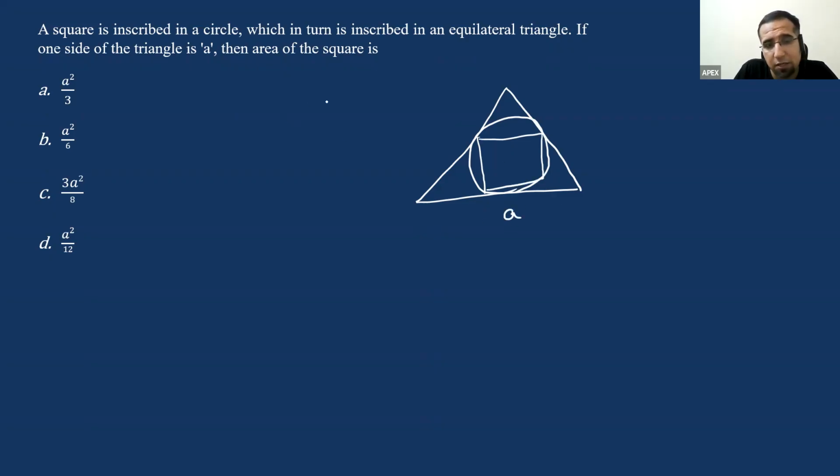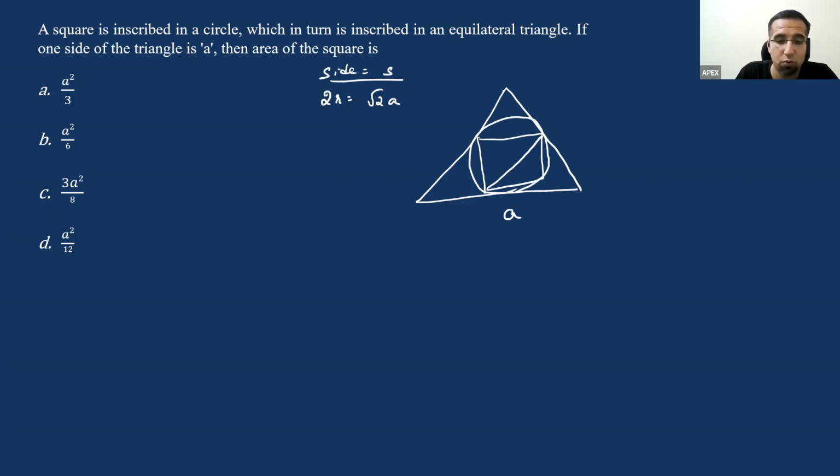Now understand that 2R is equal to, if the side of the square is equal to S, okay? Side of the square is equal to S. Now 2R is equal to root 2 into S because the diameter of the circle is equal to the diagonal of the square.